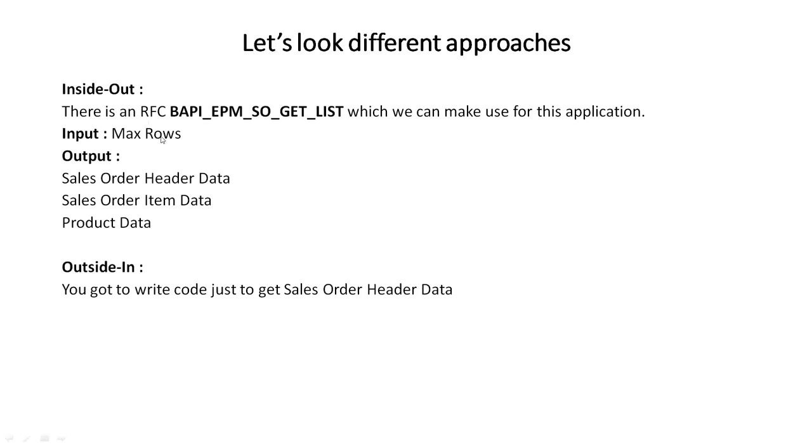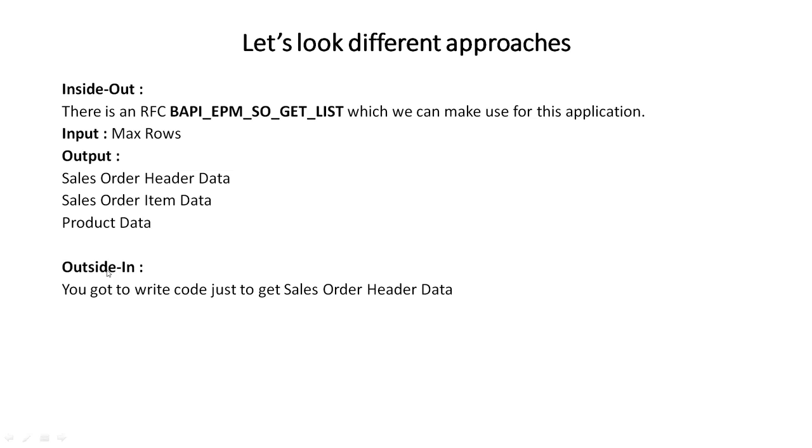Since we followed inside out modeling today, there is a function module, BAPI_APM_SPO_GET_LIST, which will give us sales order header data, sales order item data, and the product data.